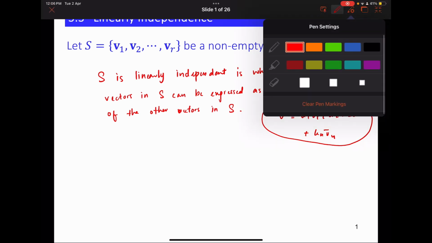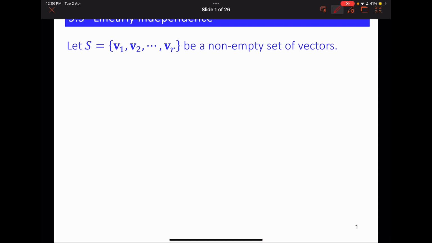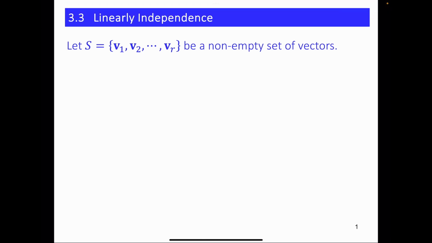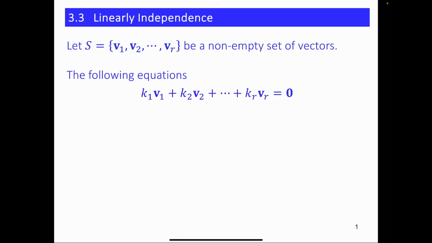Now, how are we going to determine whether a set S is linearly independent or linearly dependent? To do that, we start off by writing this equation, where the right hand side is a linear combination of vectors in S, and the left hand side is the zero vector.